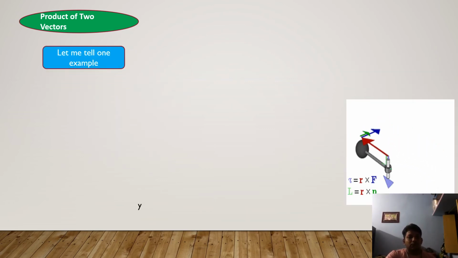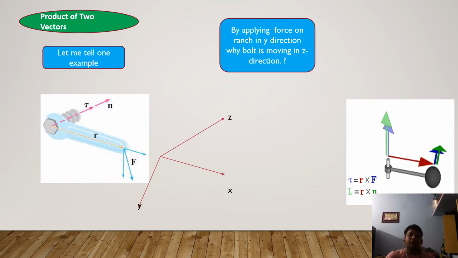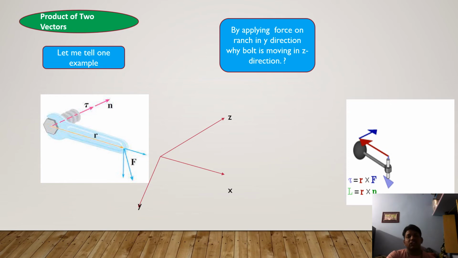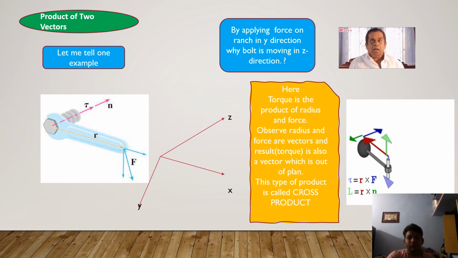Let me give an example. By applying force on a wrench in the y direction, the bolt moves in the z direction. Here the torque is the product of radius and force. Observe that radius and force are vectors, and the resultant torque is also a vector, which is out of the plane.